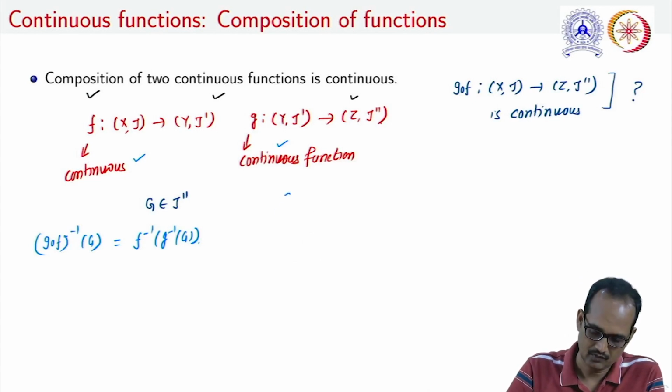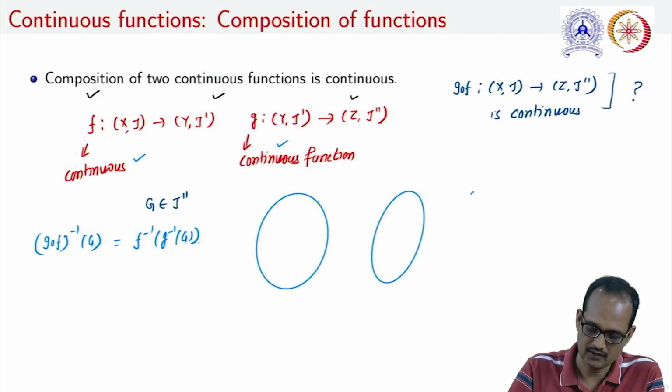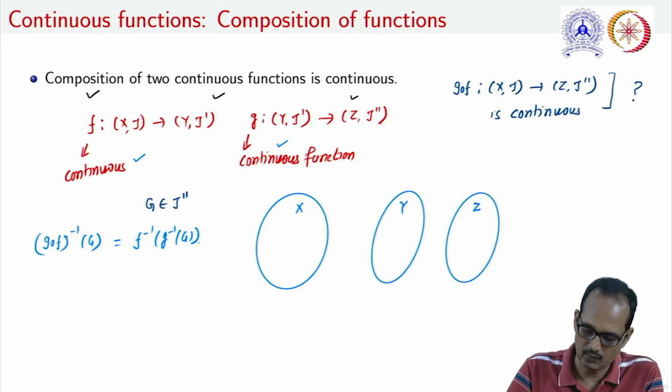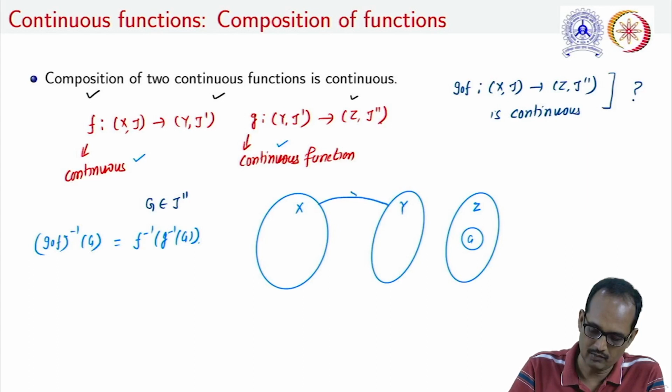If this is our X, let us take another set Y, and let us take another set Z. This is X, Y and Z. Now if we are taking an open set here, let us take this as an open set G, as the map from X to Y is f and the map from Y to Z is g.